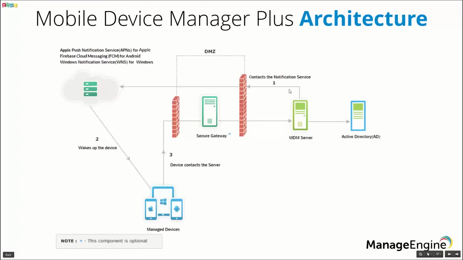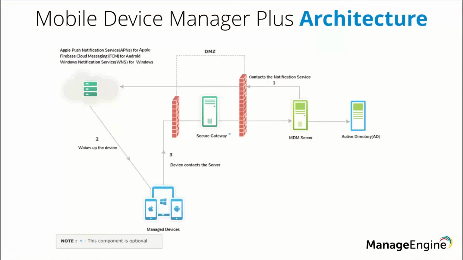Here is where you can choose either to go with the on-prem or cloud-based edition. If you go with on-premise, you need to make sure the MDM server is accessible to the device. If they are within the corporate network, then it is fine. But if the devices are scattered in different locations, then you need to make sure the device can reach the server. Either you can expose your internal MDM server to a public FQDN or an IP address.